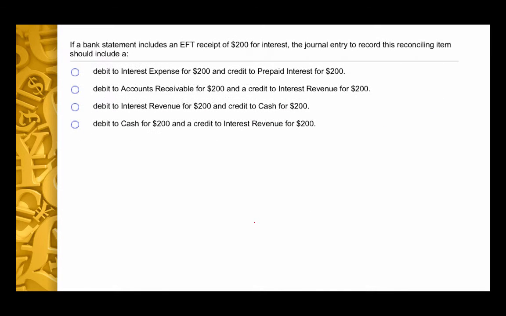Now let's go on to another type of journal entry. So here, if a bank statement includes an EFT receipt of $200 for interest, the journal entry to record that reconciling item should include what? Here we're getting a receipt. So that's a cash receipt of $200. That means we're going to debit cash because cash increases on the debit for $200.